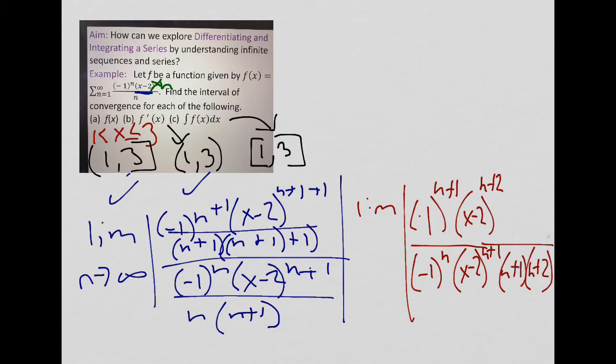If we do keep, change, flip, our denominator becomes part of our numerator. It's n times the quantity of n plus 1.